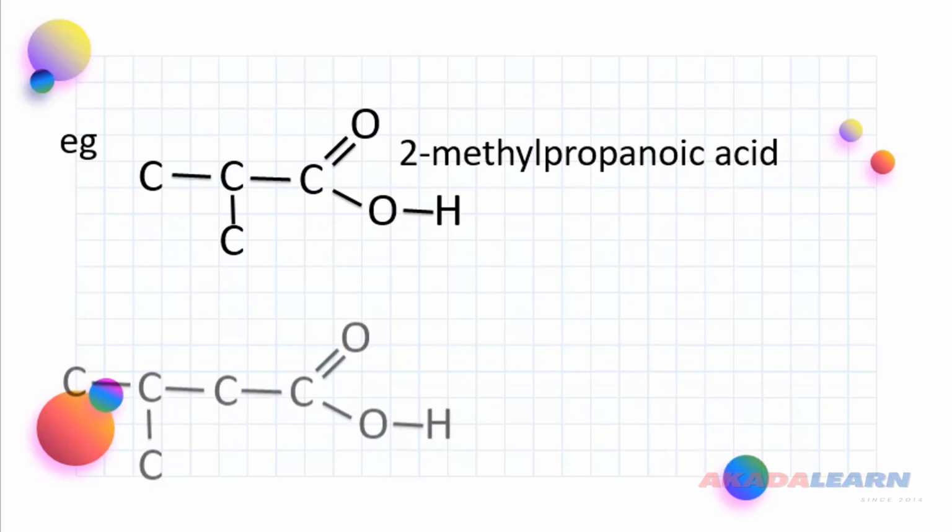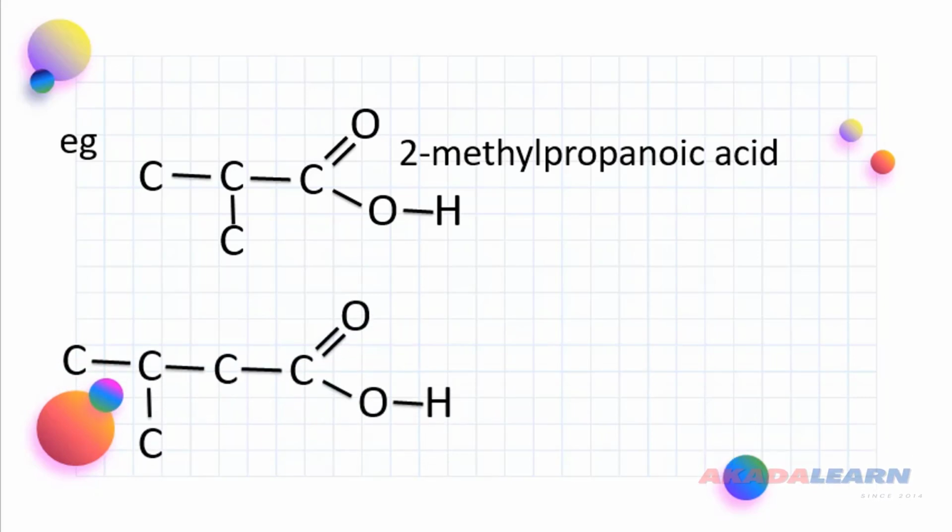Let's quickly take a look at another example. You will see that in this structure, the longest continuous carbon chain is 4 carbon. So ordinarily, it should have been butanoic acid. But because it has a substituent, that is a branch, we are going to take the branch into consideration. Now, look at the branch here.